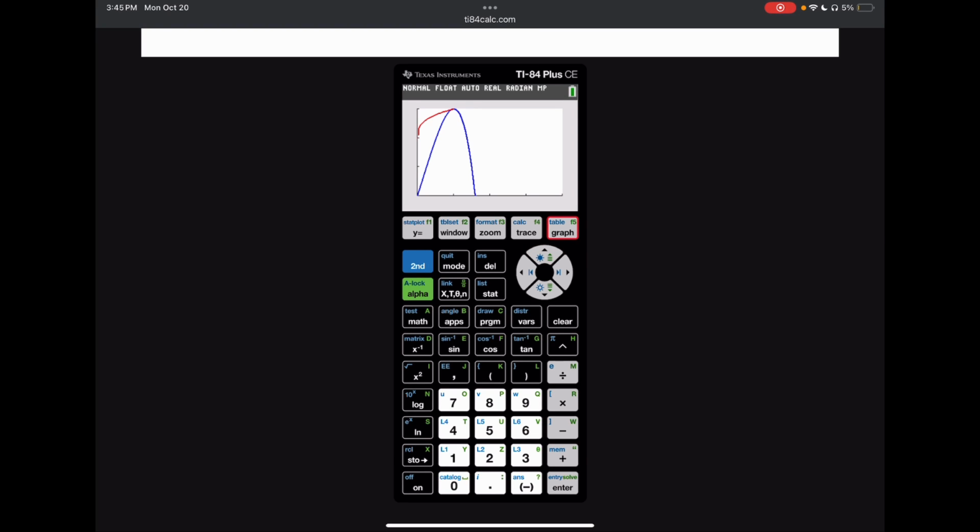Okay. So let's go 0 to 2, and then let's go 2.5 to 3.5. All right, now we can kind of see, if we look really closely there, there's actually 2 intersections.